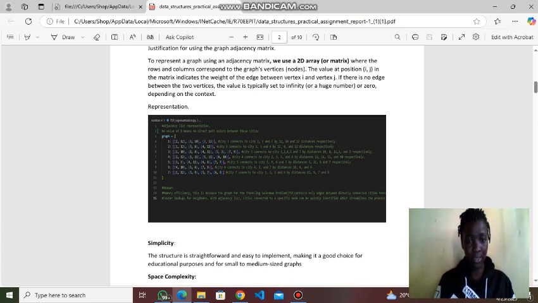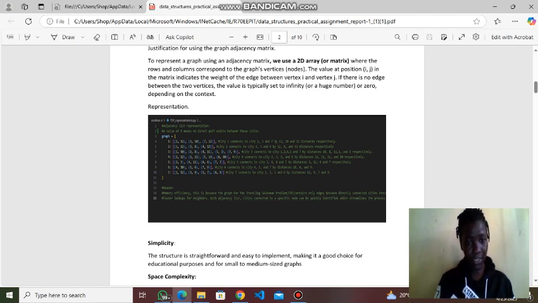City 1 connects to city 2, then 3 and 7, with distances 10 and 12 respectively. Then city 2 connects to city 1, 3 and 4, with distances 8 and 12 respectively.